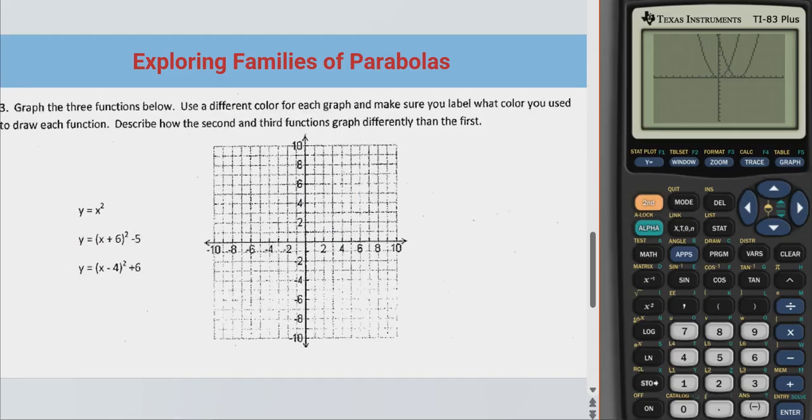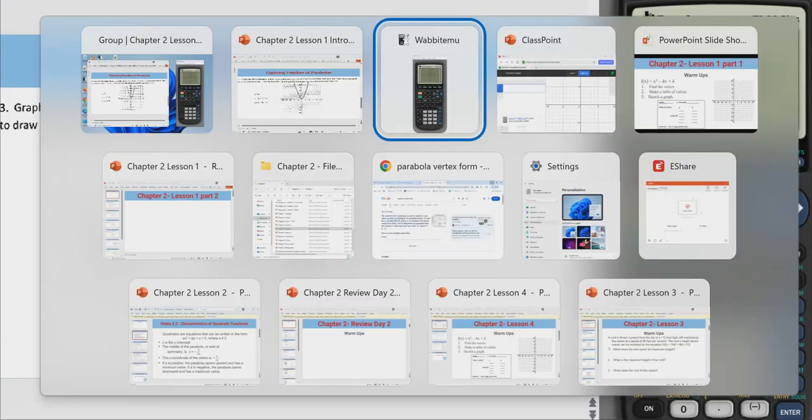For our last little example here of exploring families of parabolas, we have both translations happening, right? We have the horizontal happening inside the parentheses, and we have the vertical happening after the parentheses. Right, so here is my original equation, and for this one I'm actually going to switch into Desmos to show how that would work.